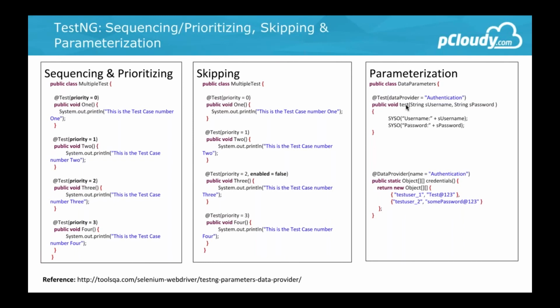So the same test case will get executed 2 times. And if we want to execute it in parallel, we have to define it in the suite, which I'll be covering in the next slide. The same test case will be executed with 2 different data credentials in parallel.